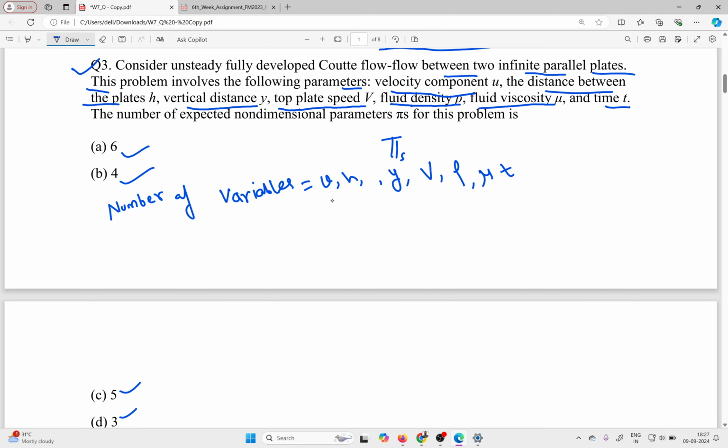So you have 1, 2, 3, 4, 5, 6, 7. How will you calculate the number of pi's?